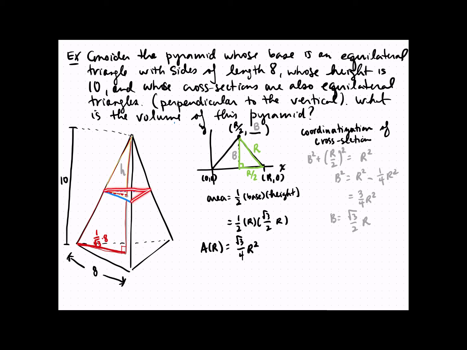Now I can integrate those areas through my altitude that's 10 units long. H goes from 0 to 10. And that should give me my volume of the whole pyramid. So setting up the volume is the integral from 0 to 10 of my area, dh.